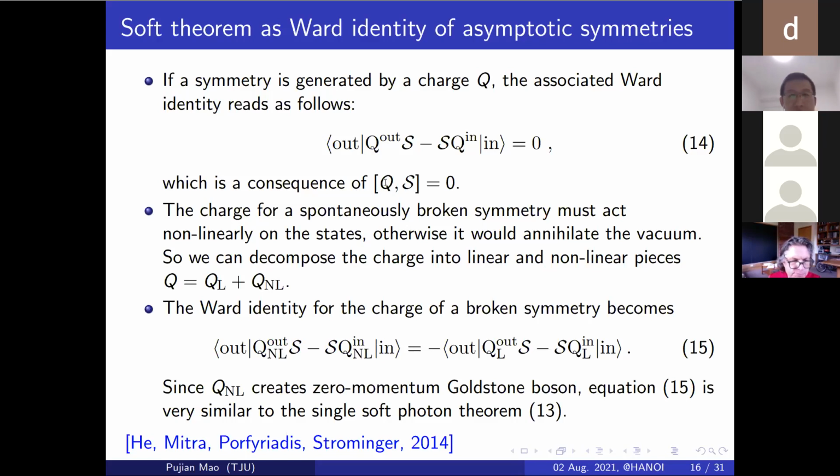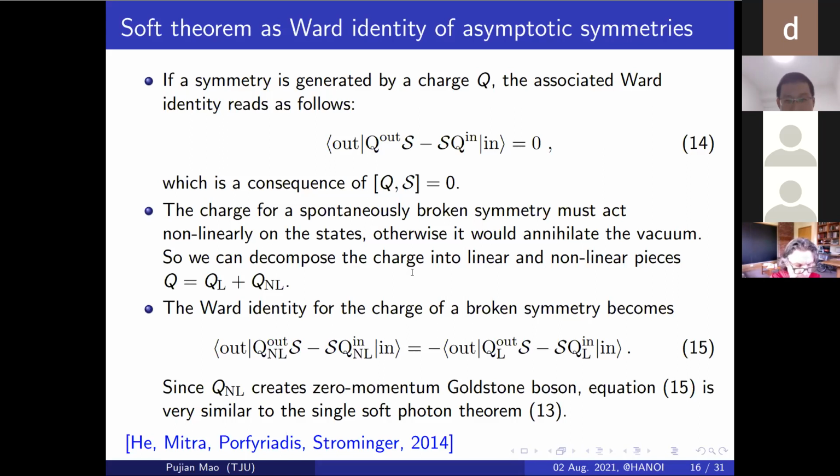Basically, it's a consequence of the fact that Q commutes with S. Then for a spontaneously broken symmetry, since the symmetry will not annihilate the vacuum, it acts nonlinearly on the states, and formally we decompose the charge into a linear and a nonlinear piece.